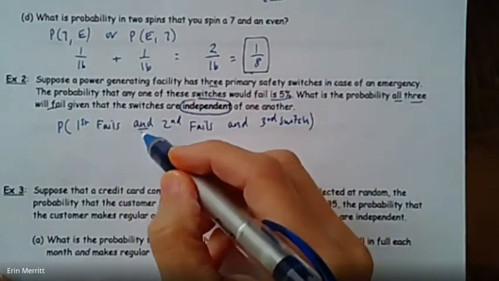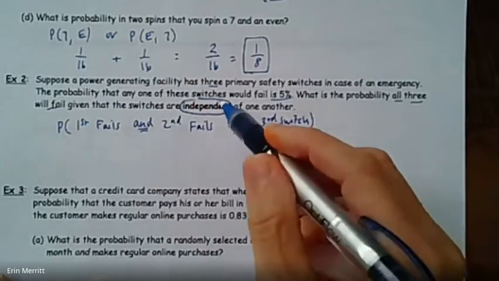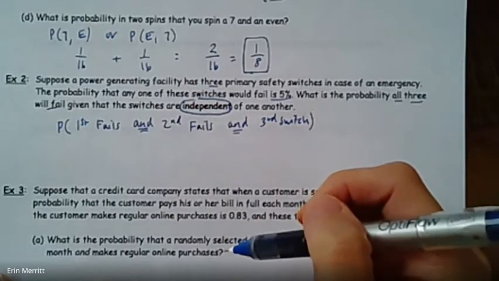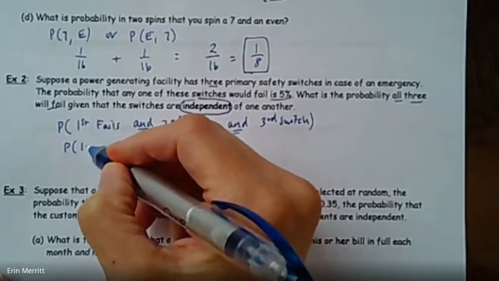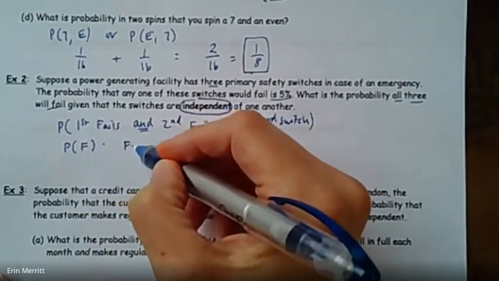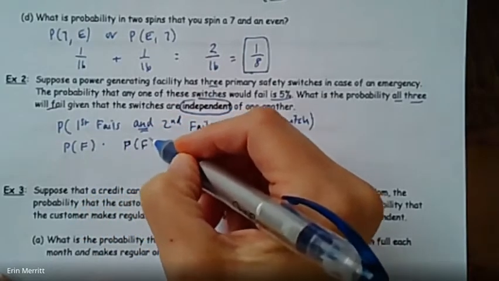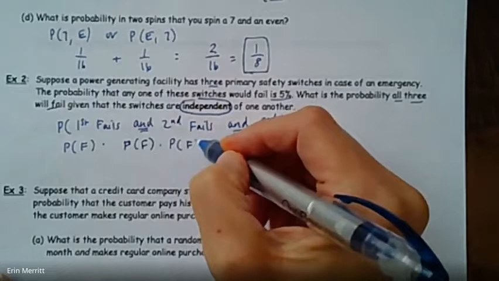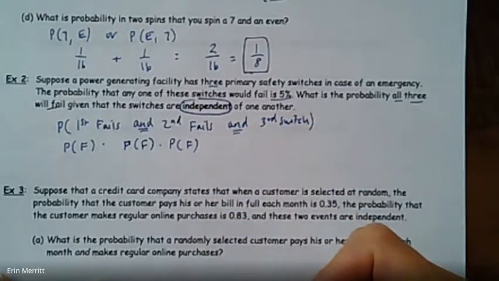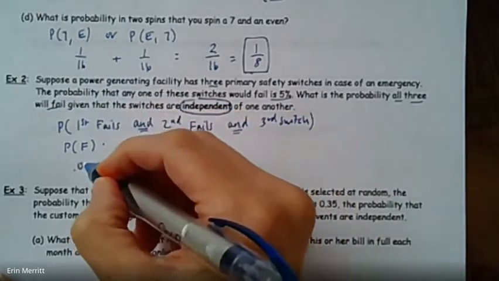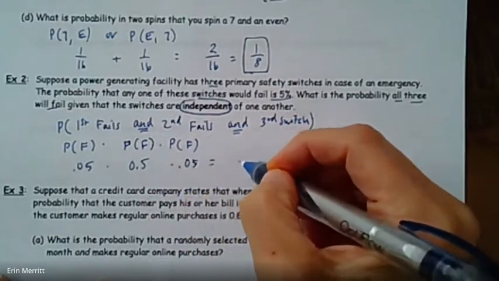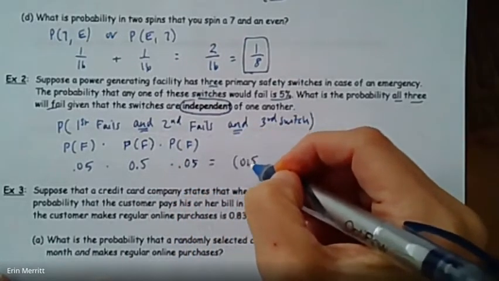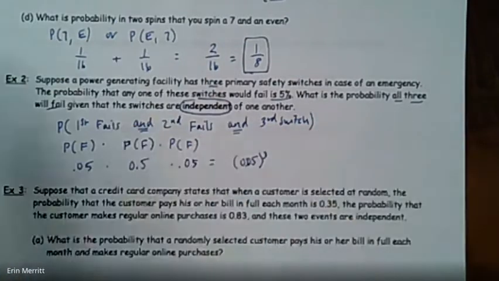So when we're saying and in between each one of them, and we know they're independent, then we're just taking the product here. So the probability of a fail times the probability of another fail, and then times the probability of the last fail. Since each one is 5%, we can think of that as 0.05 times 0.05 times 0.05, or 0.05 raised to the third power.